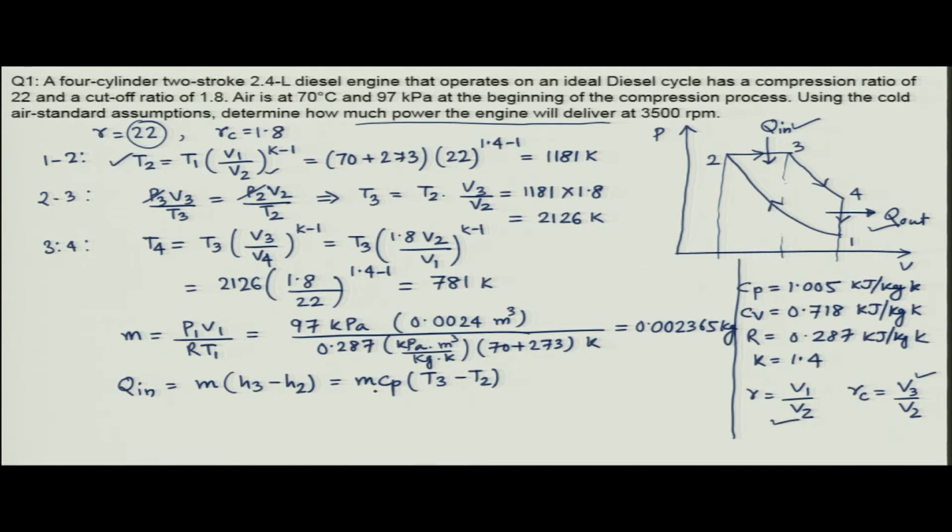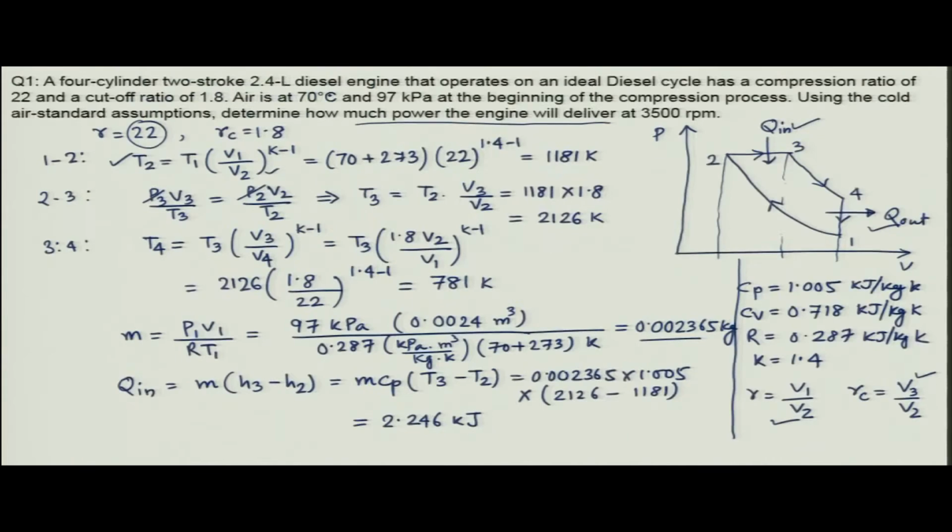Substituting the values, m is 0.002365, Cp is 1.005, times T3 minus T2, which is 2126 minus 1181. So, we can find Q in as 2.246 kilojoule. Okay. So, that is Q in.